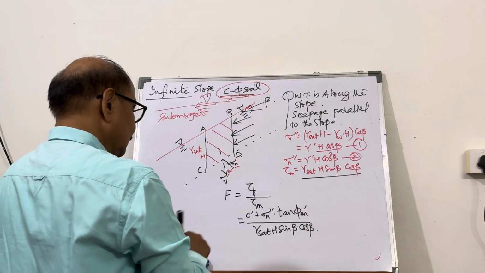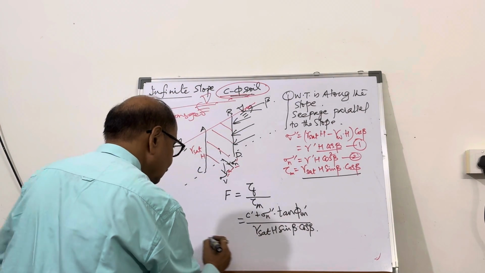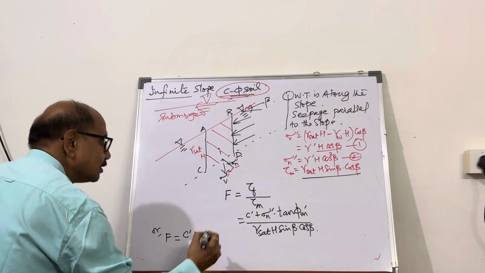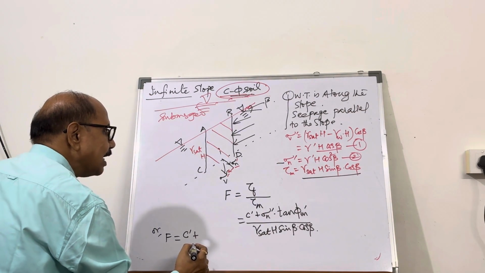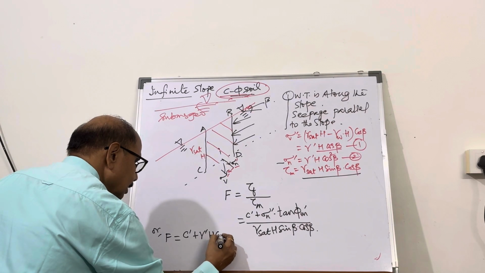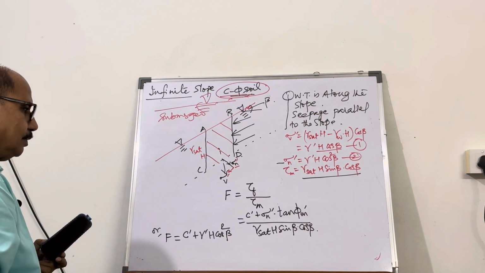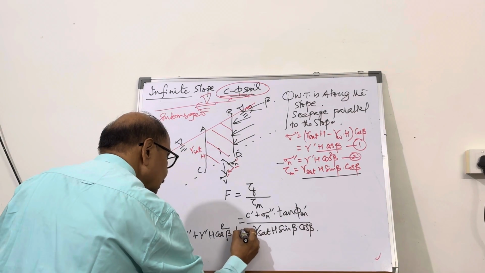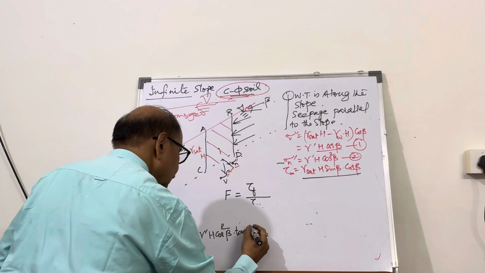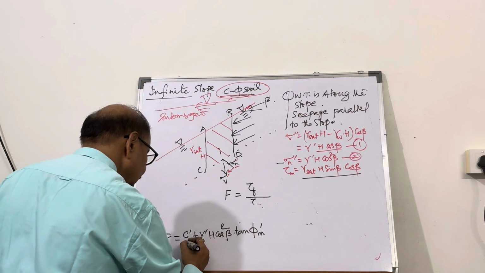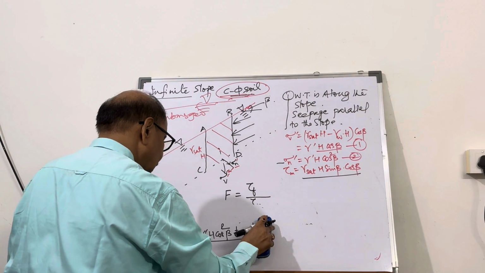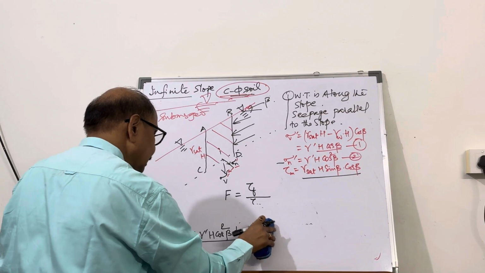And you can further simplify it, so the factor of safety F can be written as c prime plus sigma n prime, where you can take sigma n prime as gamma prime into h cos square beta, into tan phi prime, divided by tan phi, not phi m, but this will be tan phi prime.